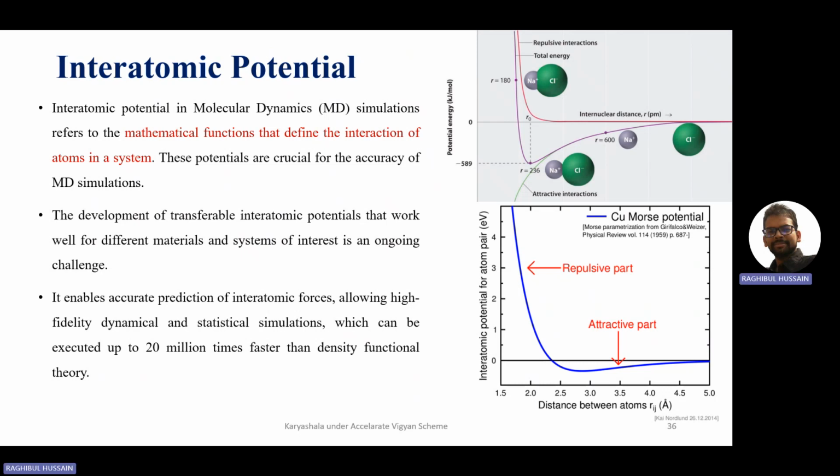So the development of a transferable interatomic potential that works well for defined materials and systems of interest is an ongoing challenge. It enables the accurate prediction of interatomic forces, allowing high fidelity dynamical and statistical simulations, which can be executed up to 20 million times faster than the density functional theory that we will discuss.